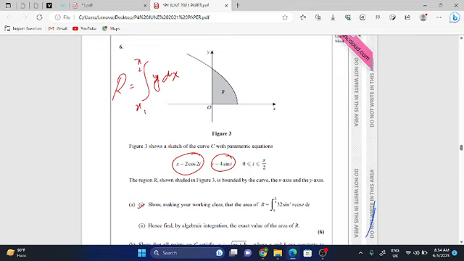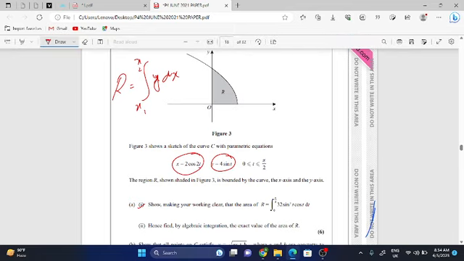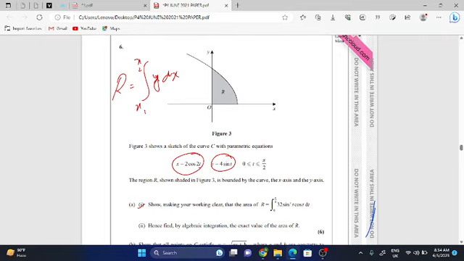But here the situation is different. This whole region depends upon t, so instead of x, you have to take t.